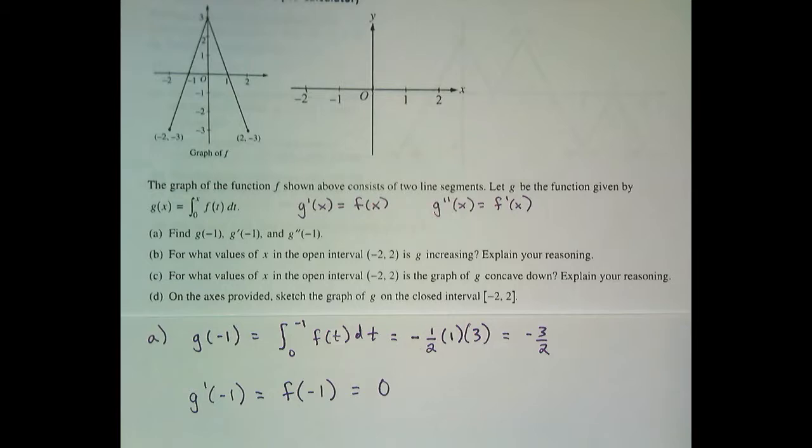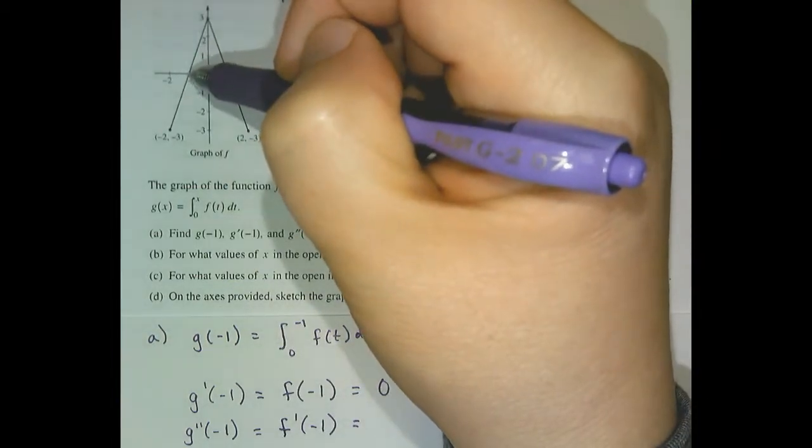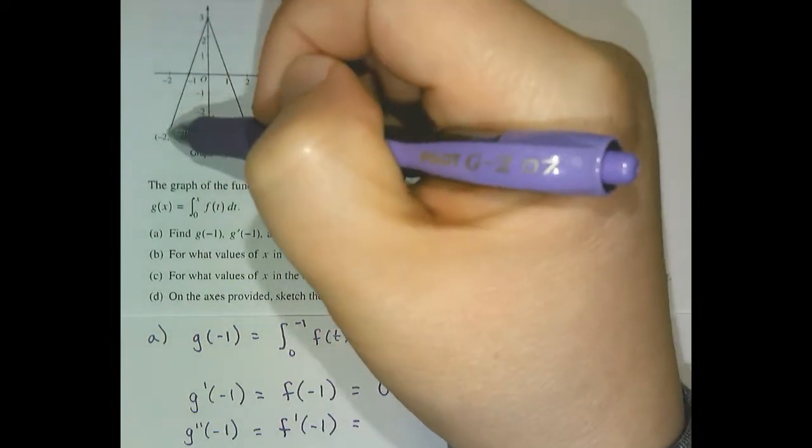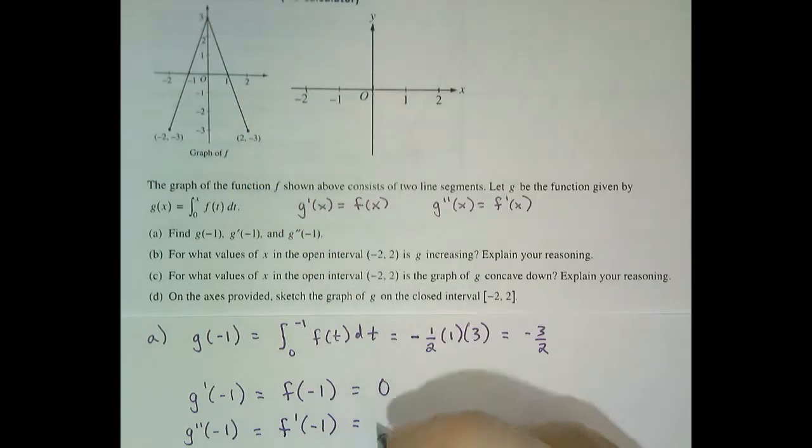And then lastly, g prime prime of -1 is equal to f prime of -1, which is asking the question, what is the slope of the graph f at x equals -1? We turn to the graph and we see that it is a straight line, so the slope is easy to calculate. We rise 6 for a run of 2, which gives us a slope of 3 units.